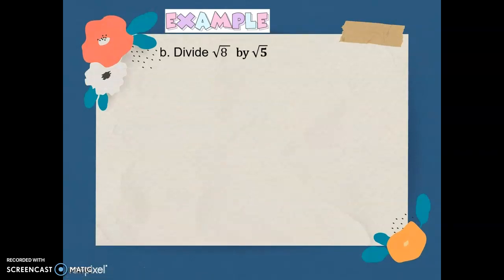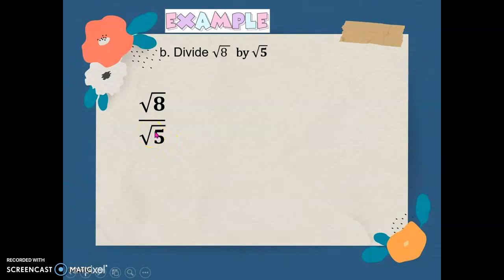Next, divide square root of 8 by square root of 5. Sulat muna natin ang ayos. The square root of 8 over the square root of 5. Yan. Since ang denominator natin is a square root, we need to rationalize it, diba? Sa week 5, week 6, we discuss about rationalizing. So, ayan.